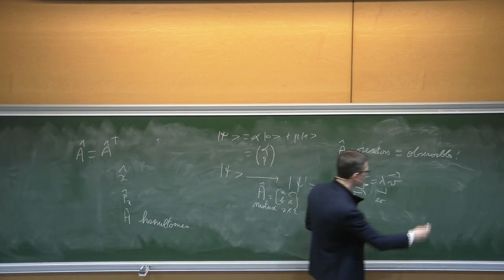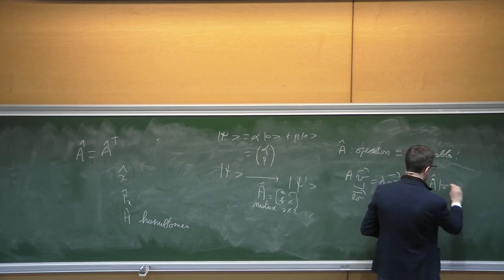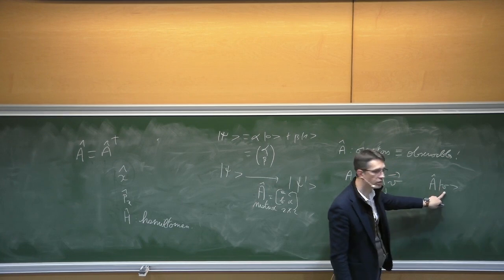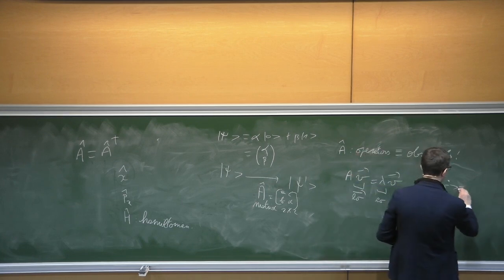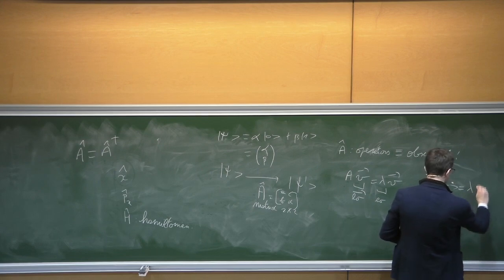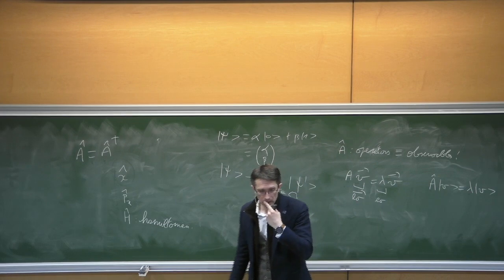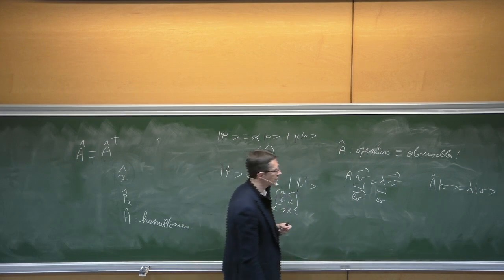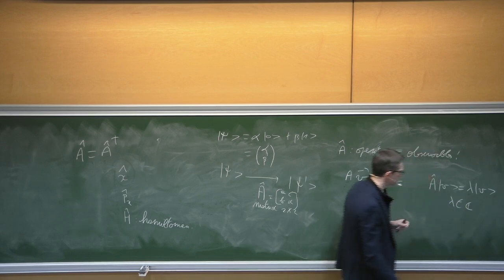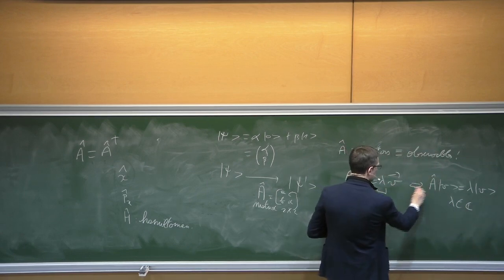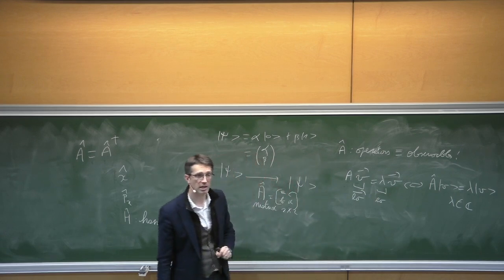Here is the same thing, except that now we have operators and column vectors, kets, and we would have eigenvalues that can be complex numbers. But this is the equivalent of what I would have here.